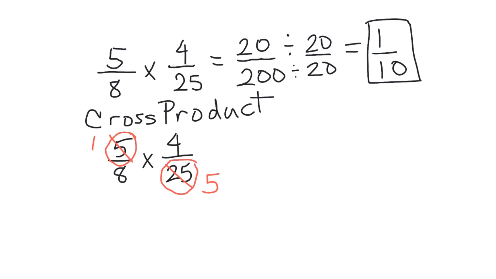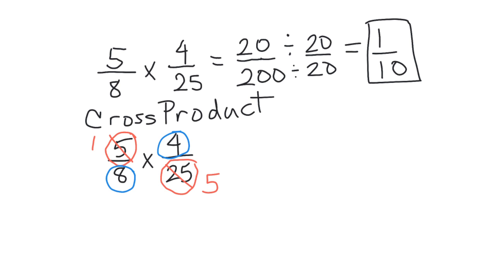One from the top of a fraction, another from the bottom of a fraction have a common divisor. So I could apply the cross product here. If I think of the common divisor, the greatest one that they have in common is 4. They have 2 in common. You could also use 2, but you'll have some more simplifying to do. So the highest one that 4 and 8 have in common is 4.